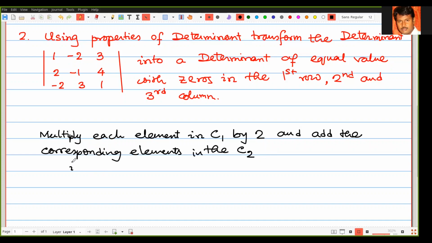That means practically here 2 into C1 plus C2, then we are transforming it to column 2.